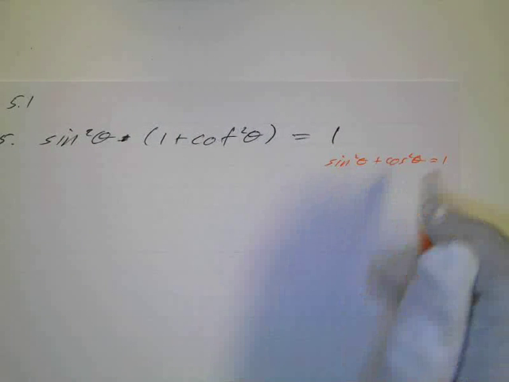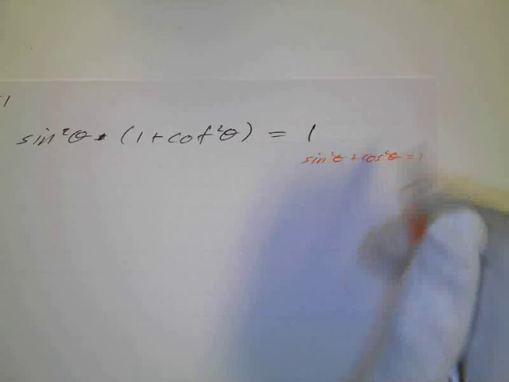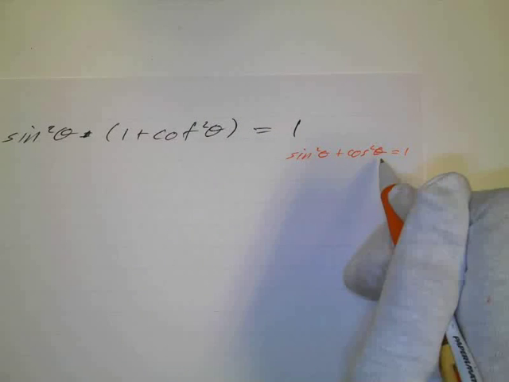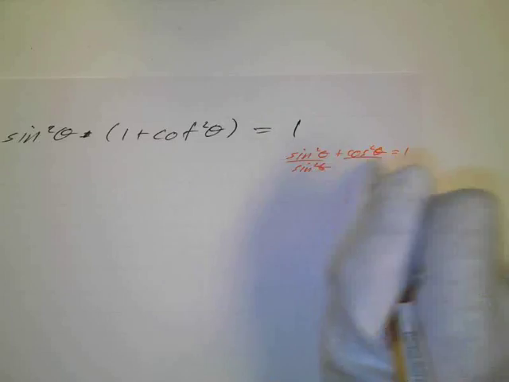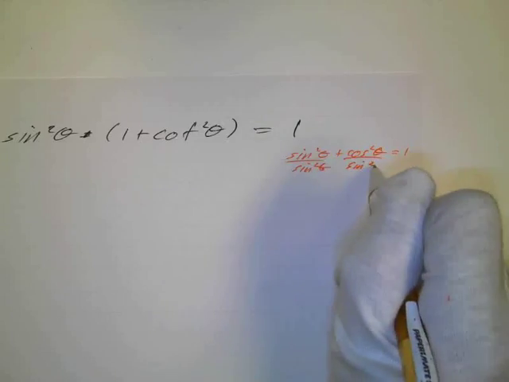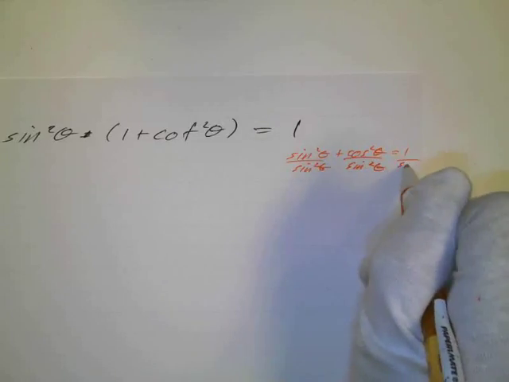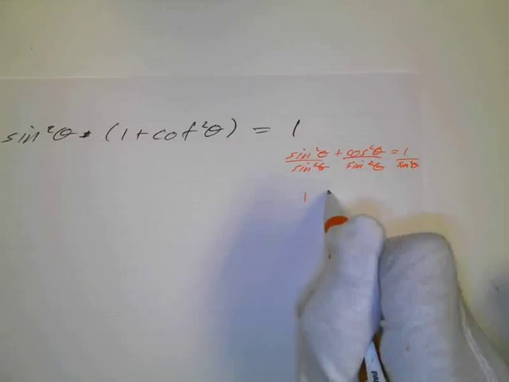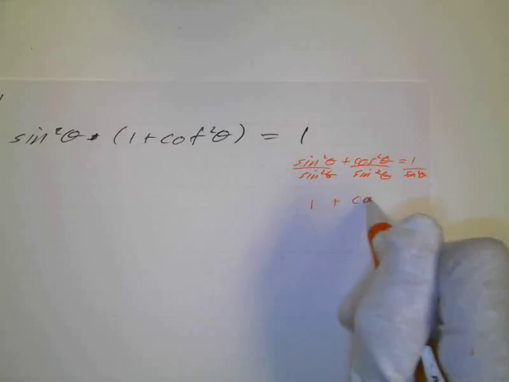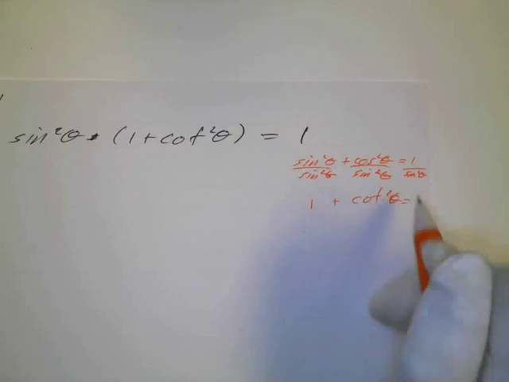I remember that. And since I want the cotangent, let's say I divide by sine squared. And that's going to be 1. And that's going to be the cotangent squared of theta.